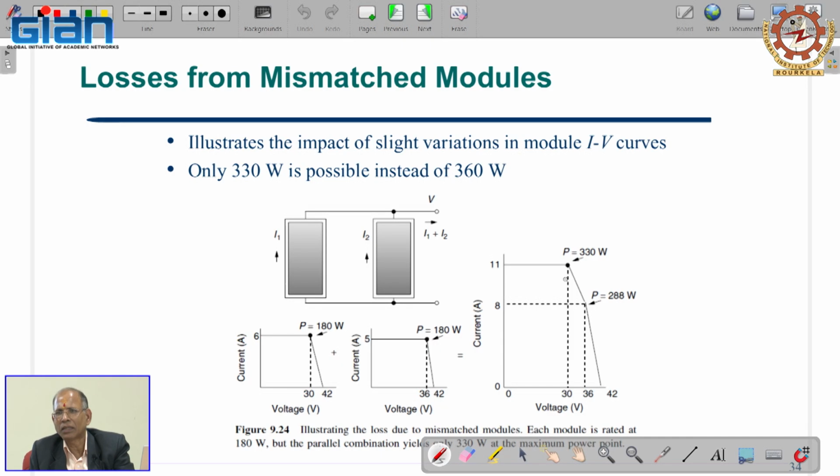Because of this mismatch, there could be an efficiency loss of up to 4%. Okay, so if we are not careful, 4% is gone. So be a little bit careful to avoid the mismatching.